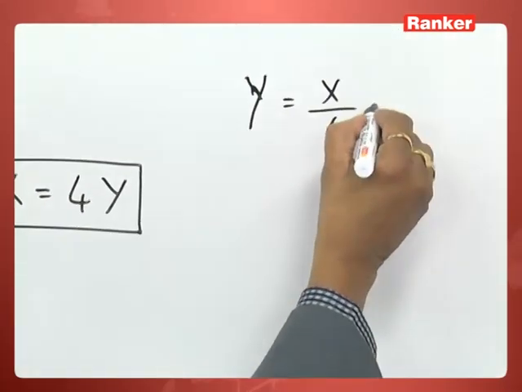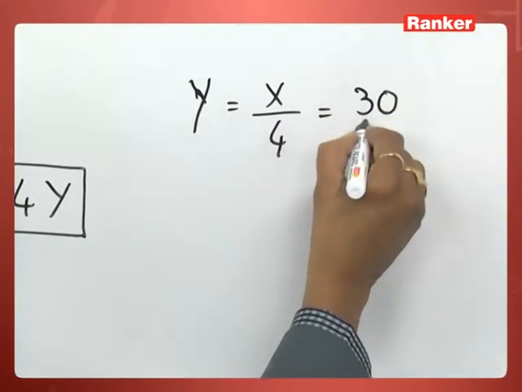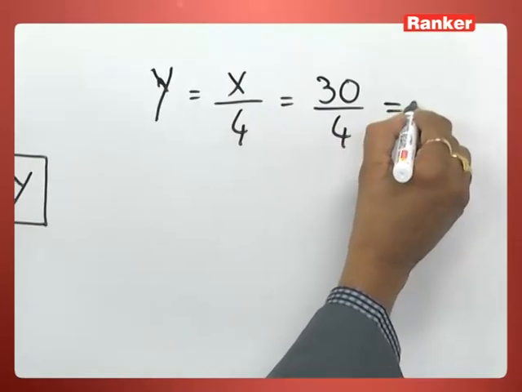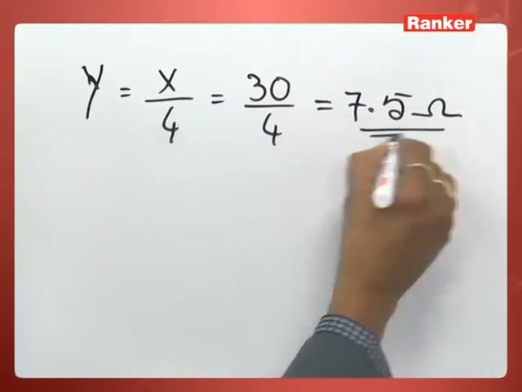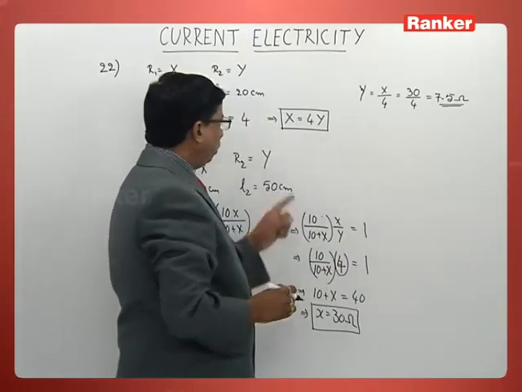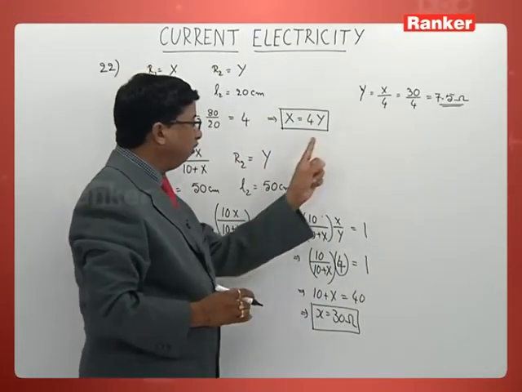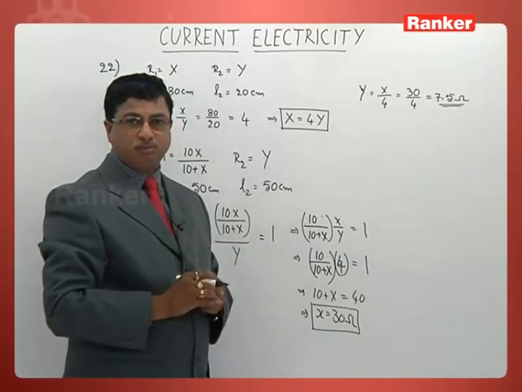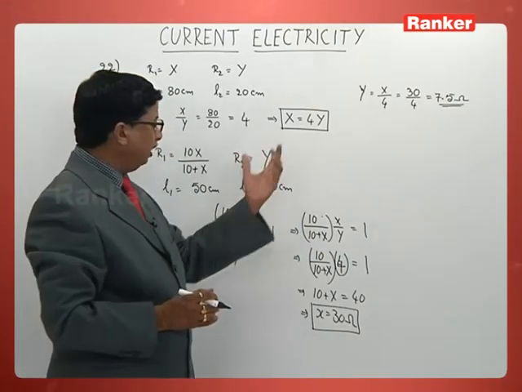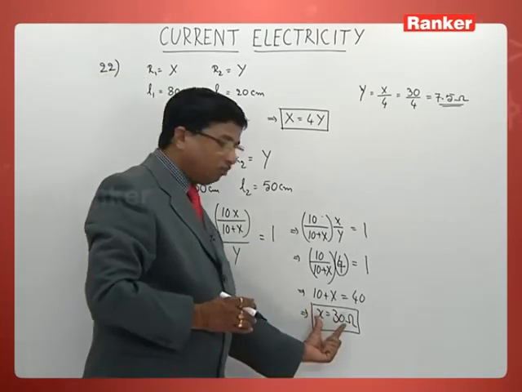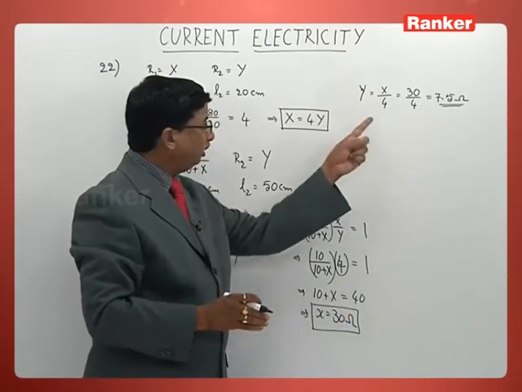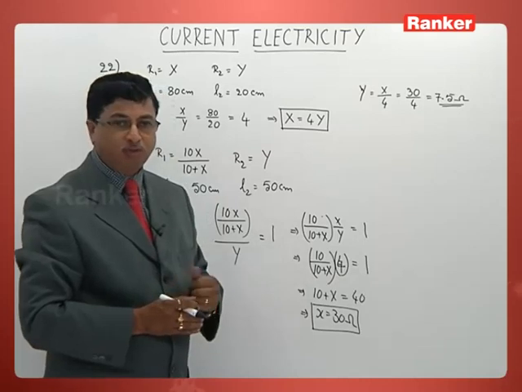That X we already have as 30, so 30 by 4, which now becomes 7.5 ohm as such. So what are the values of X and Y? That is the question. You can understand directly from this derivation, X is equal to 30 ohm and Y is equal to 7.5 ohm.